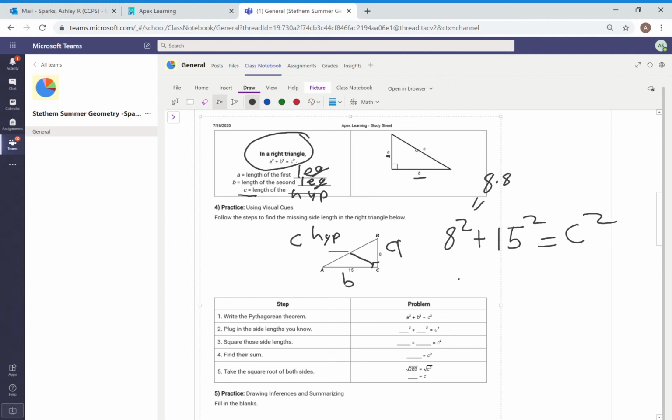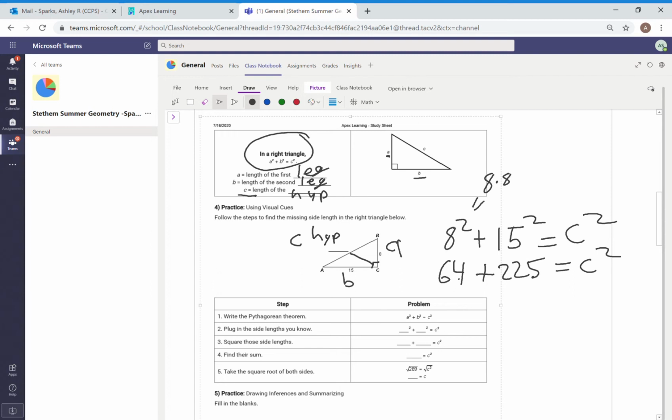But you could do 8 times 8, which is 64, plus 15 times 15, which is 225, equal to c squared. If you are having issues and you don't know how to do a squared on your phone, let me know. Again, if you turn your phone sideways to get that bigger calculator, that should work. 8 times 8, 15 times 15, something like that should work.